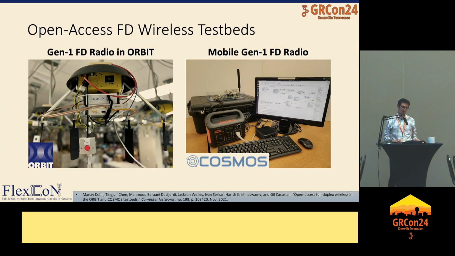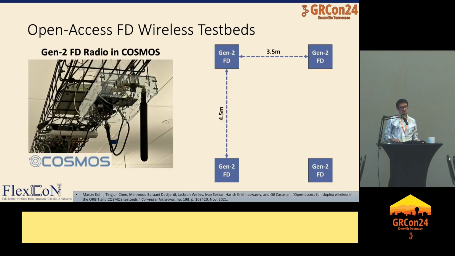That's connected to a B210, and that's sufficient for a battery pack to power it. The second generation radios, we have 4 of them set up in Cosmos in this grid fashion. So now we can start looking at network level communications.